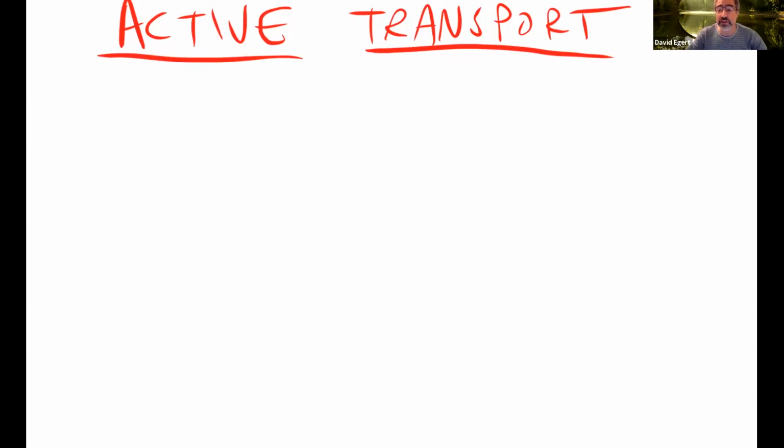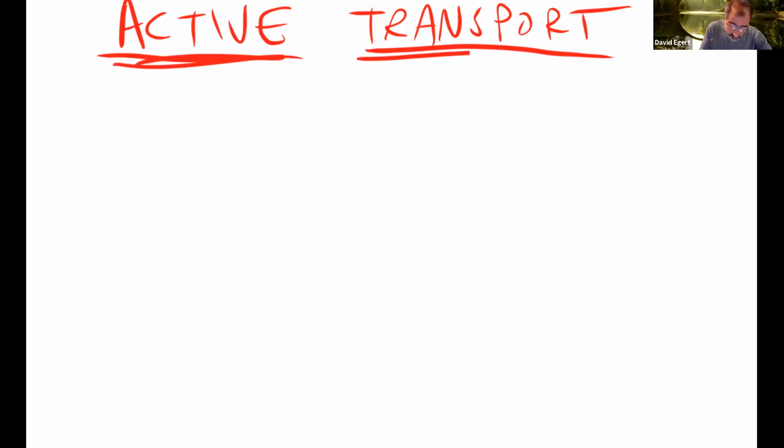So far, everything we've been talking about is passive. You're opening up channels, or you're having carriers and things move from one side to the other side. Even these co-transporters, coupled transport, things are still moving to one side or the other based on concentration gradients.